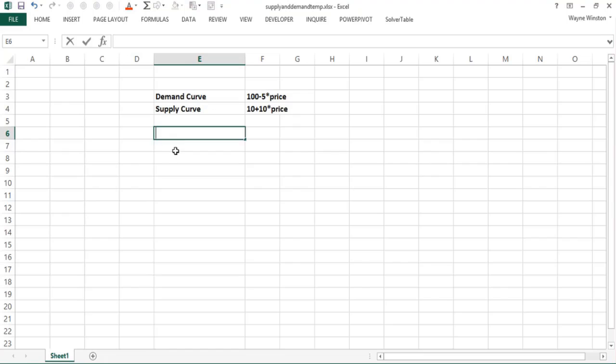So let's put our inputs separate from our analysis. So we'll have the demand slope, because we have a straight line here, and that's minus 5. And we'll have the demand intercept, which would be 100.